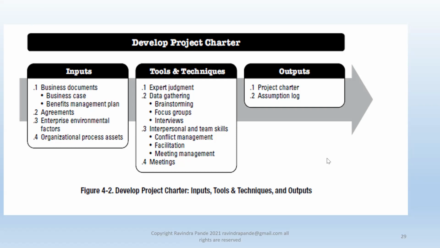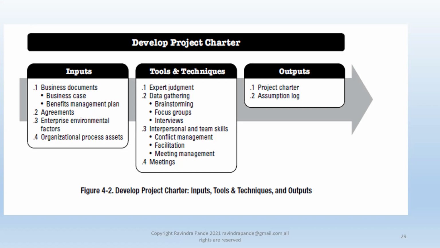So in develop charter, we take inputs as a business case, benefit management plan, various agreements, contractual terms, various contracts which are signed between these two organizations, then enterprise environmental factors and organizational process assets, right?